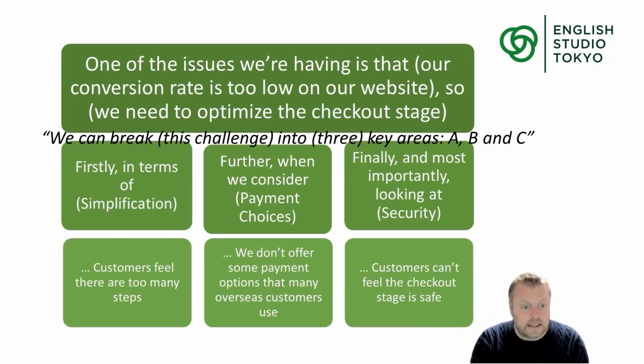So firstly, in terms of simplification, customers feel there are too many steps, blah, blah, blah. Further, when we consider payment choices, we don't offer some payment options that customers from overseas use. Finally, and most importantly, looking at security, customers can't feel that the checkout stage is safe. And again, don't forget, I'm going to add evidence later.